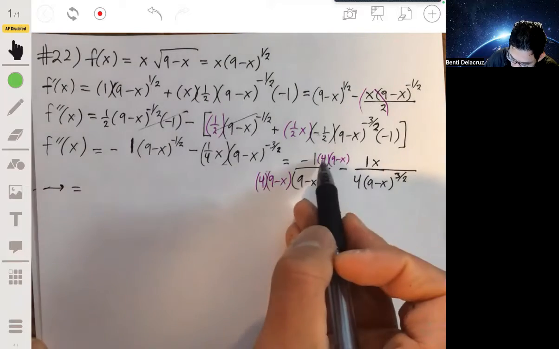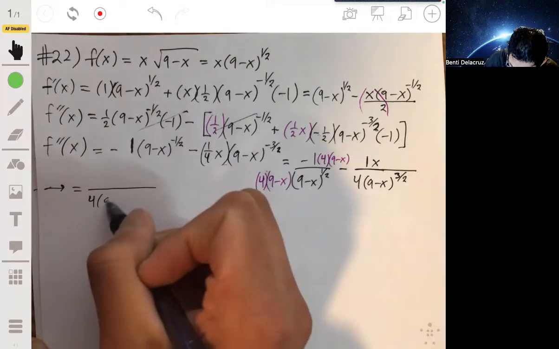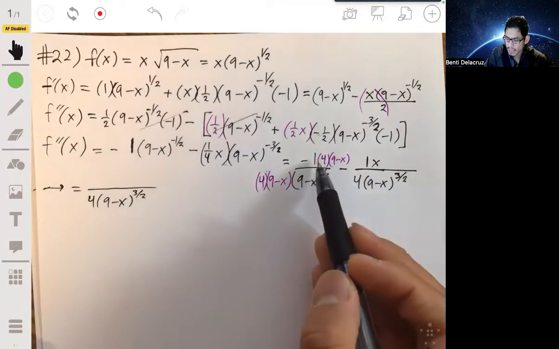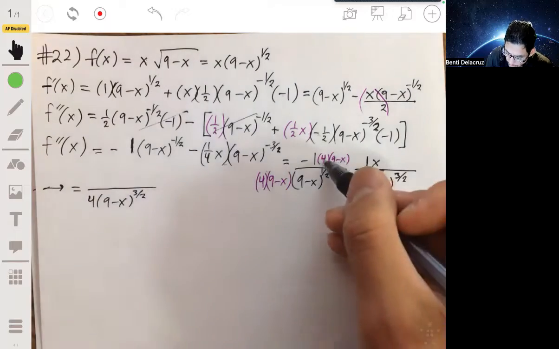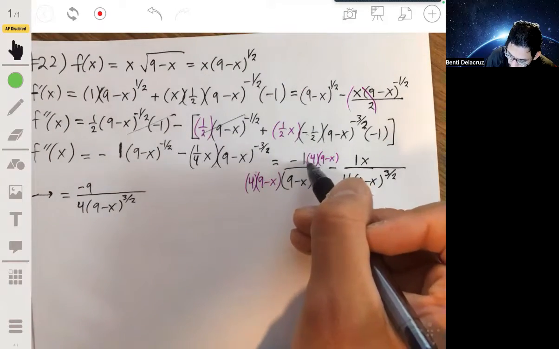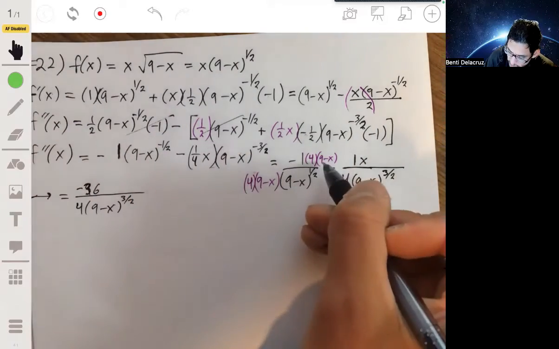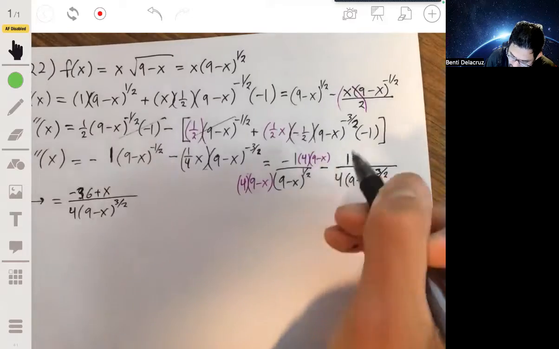You'll have this equal to, in the denominator, 4 times (9 minus x) to the 3/2. And this will just be negative 4 times 9, so negative 36, negative 36 plus 4x, minus that 1x.